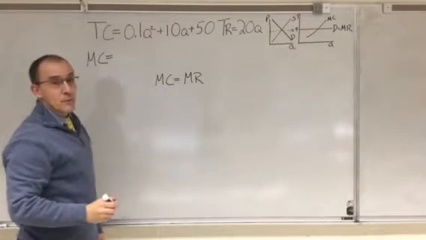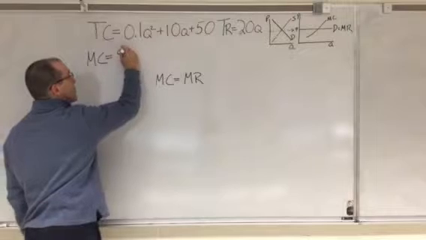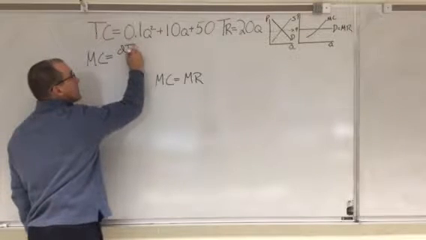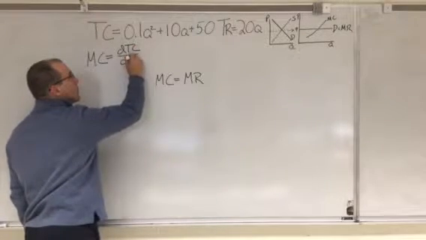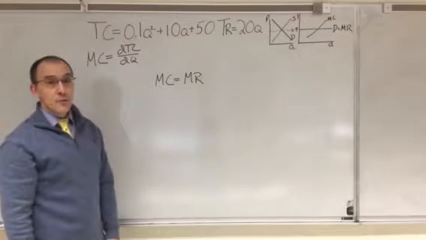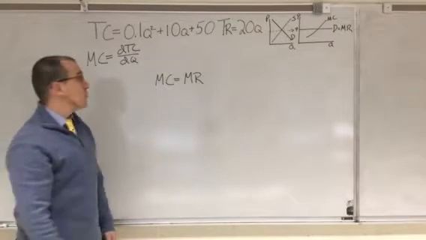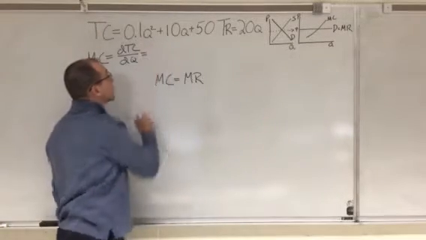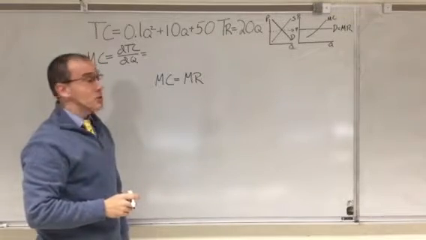it is simply the change in total cost over the change in quantity. And to do that, I'm going to use the basic power rule to transform my total cost equation.